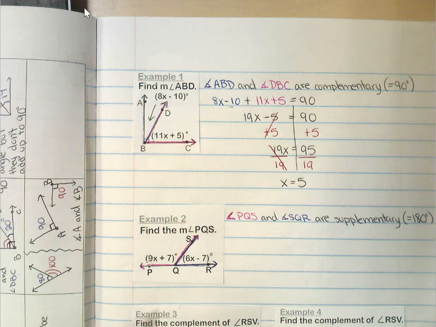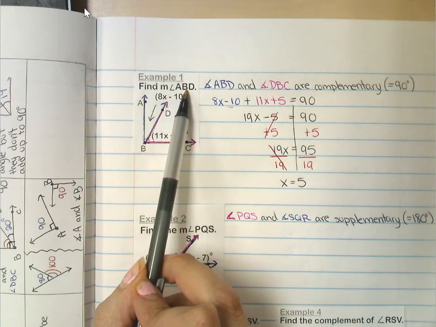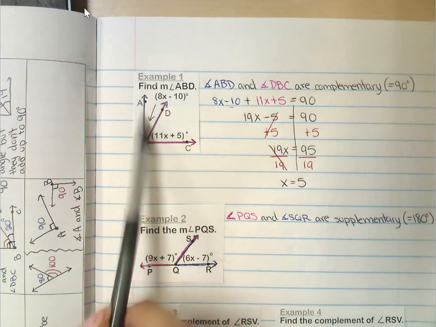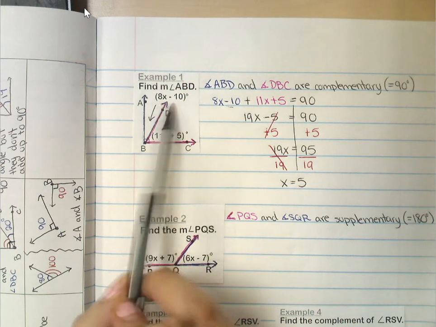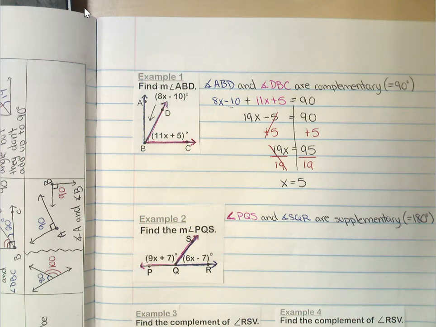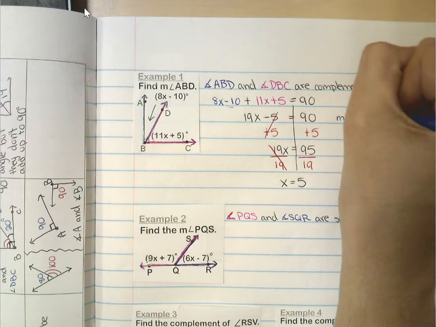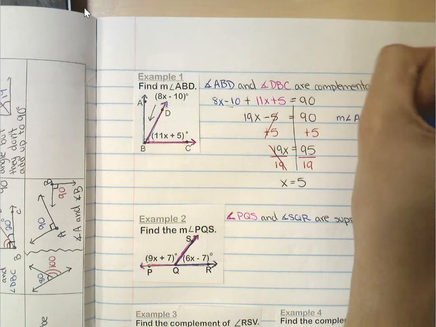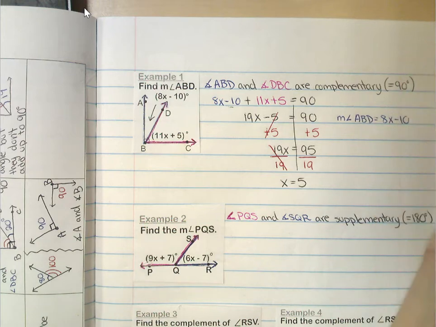I'm not done, because the problem is asking me to find the measurement of angle ABD. ABD is this blue angle. I outlined it in blue. So I'm going to plug it in for 8x minus 10. So the measurement of angle ABD equals 8x minus 10.